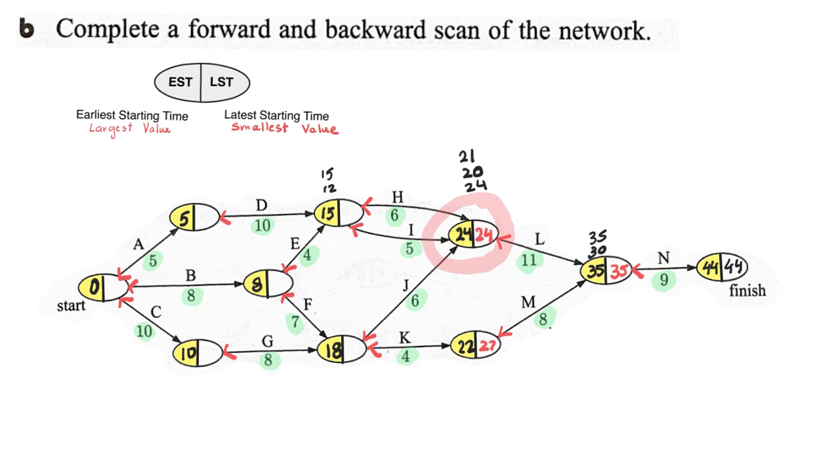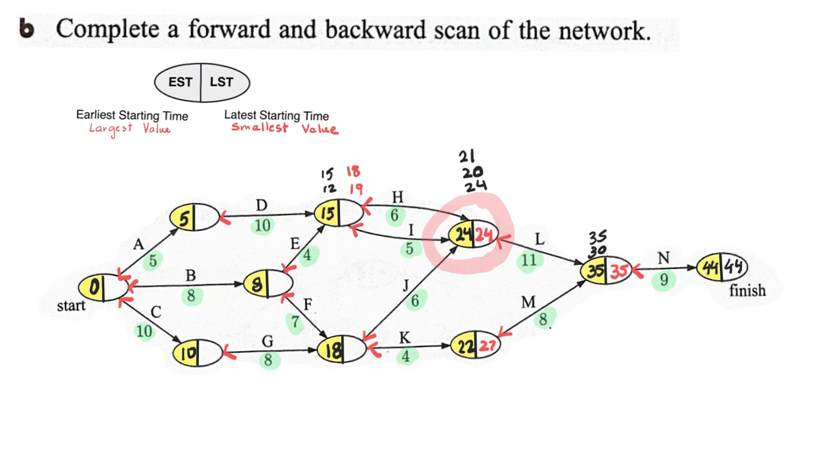But now we come up to tasks where there are 2 arrows attached. So this time we're going to take the smallest value, not the largest value, but the smallest value that we arrive at. So 24 take away 6 will give us 18, whereas 24 take away 5 will give us 19.